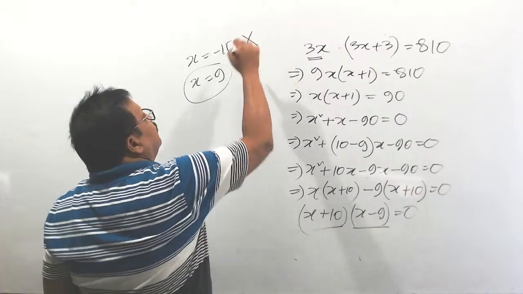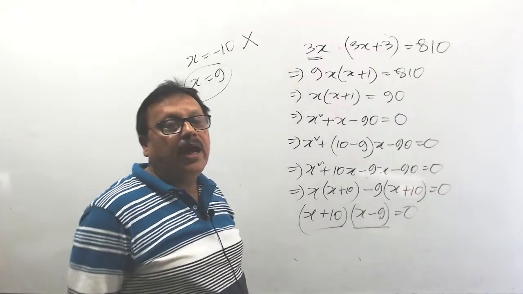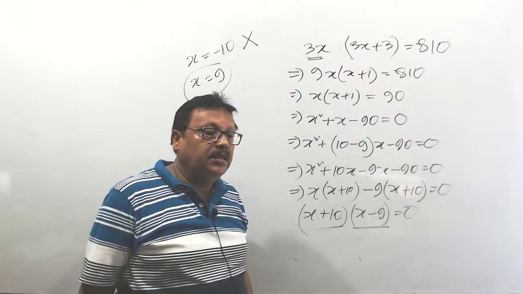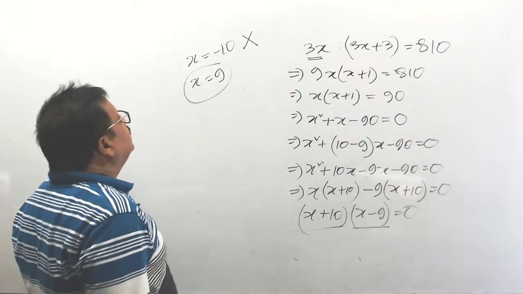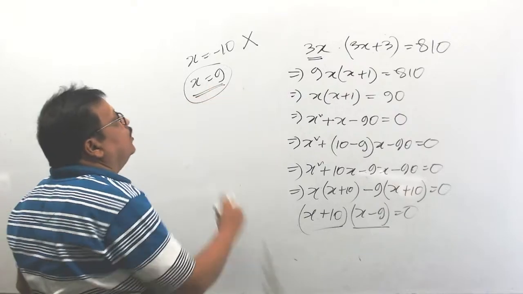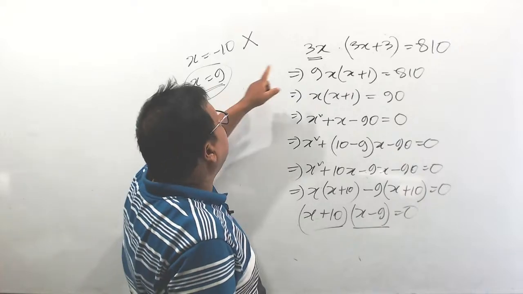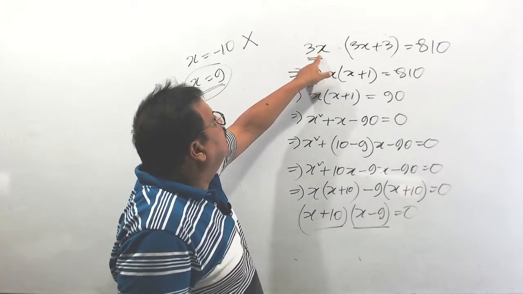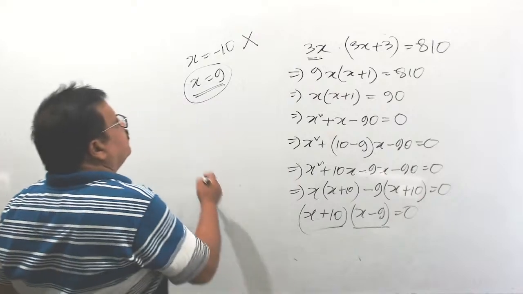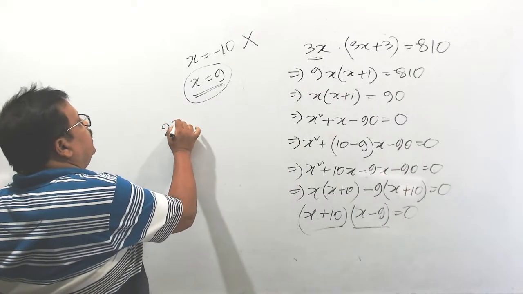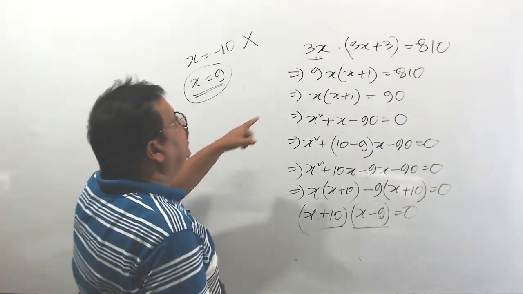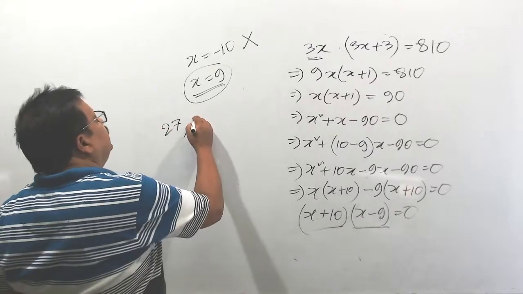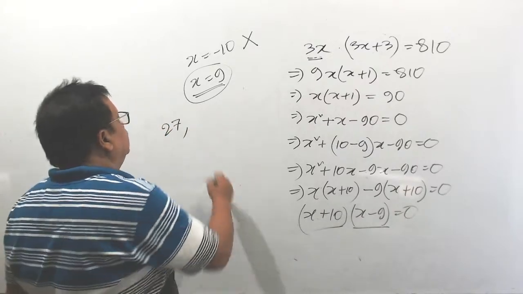So this cannot be accepted. Right? It cannot acceptable. So x is 9. So what are the multiples? If x is 9, then so 3x will be what? 27. One number. Another one, 27 plus 3. That means what? 30.